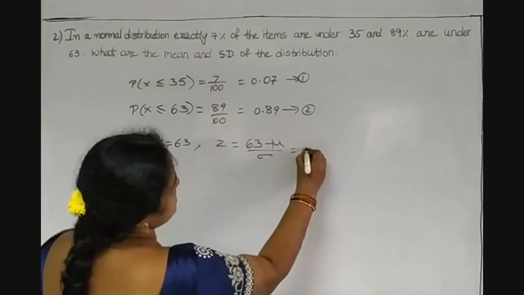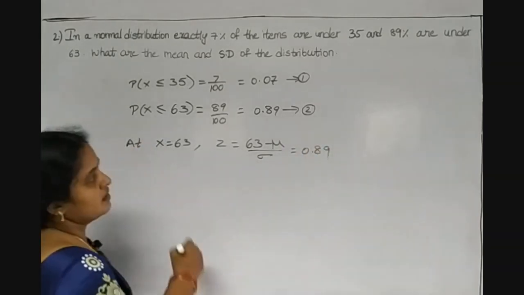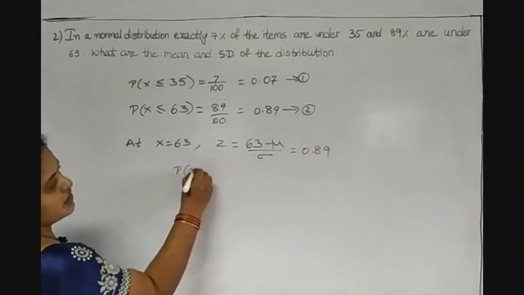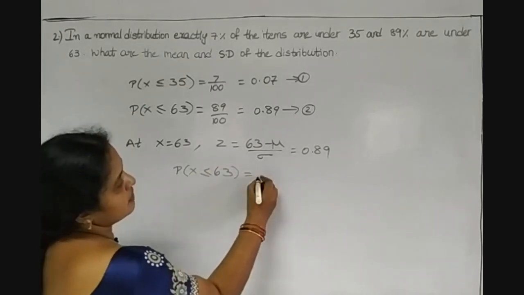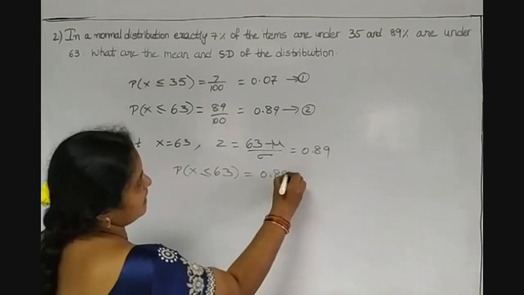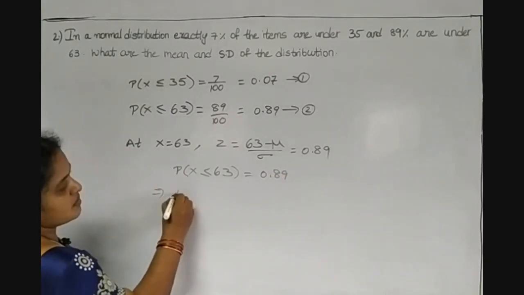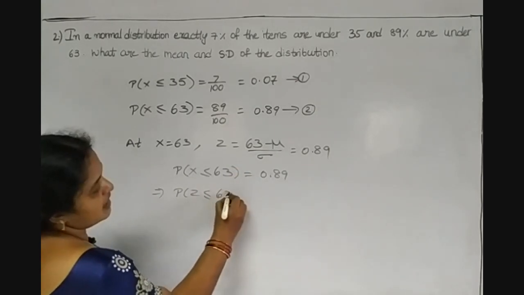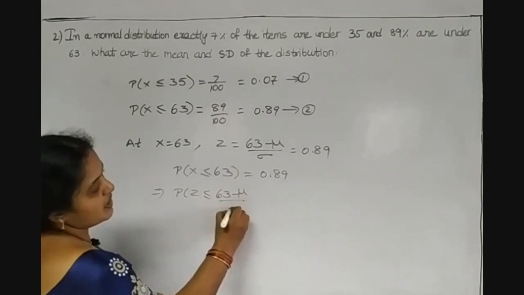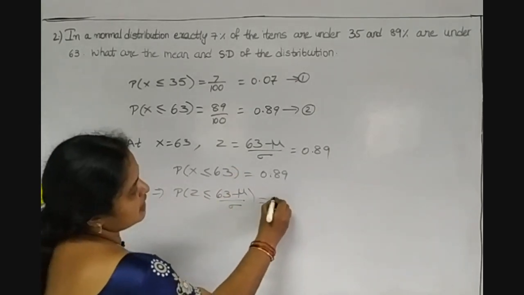Therefore, from equation 2, P of X less than or equal to 63 equals 0.89, which implies P of Z less than or equal to 63 minus mu divided by sigma equals 0.89.